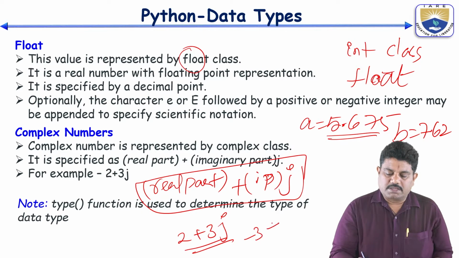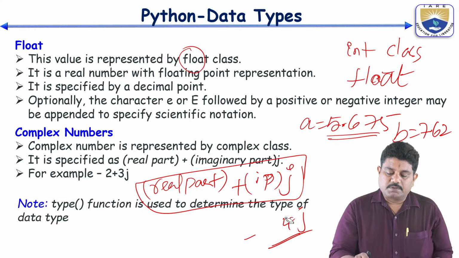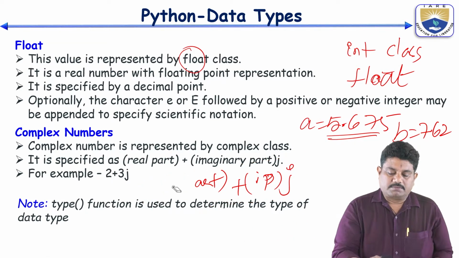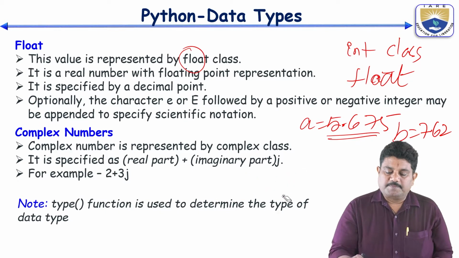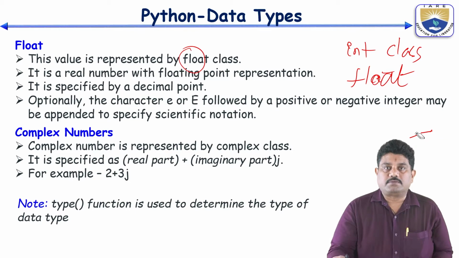Or you can create it like this, 4j. This is also possible. For storing these complex numbers, we have a special data type in Python. Okay, these are the different numeric types in Python.